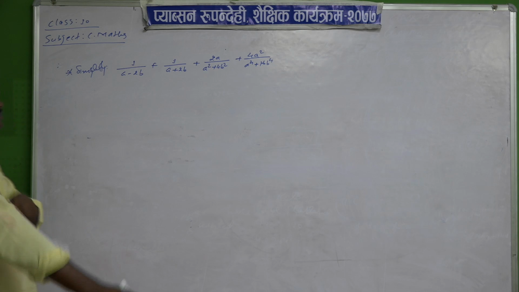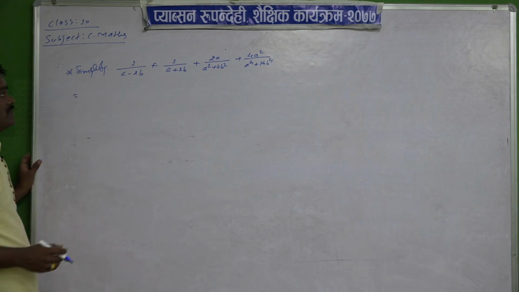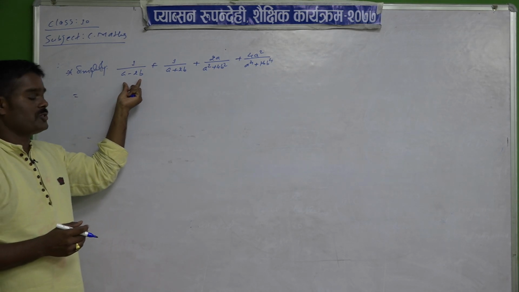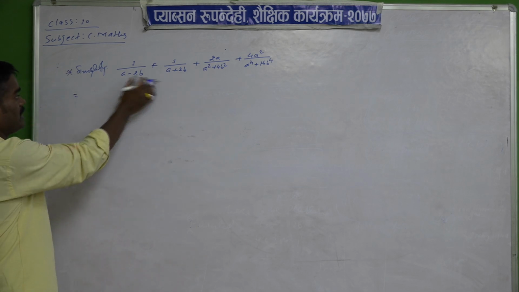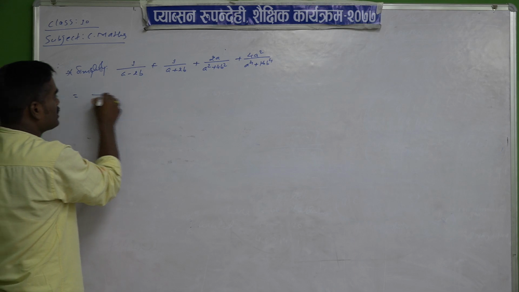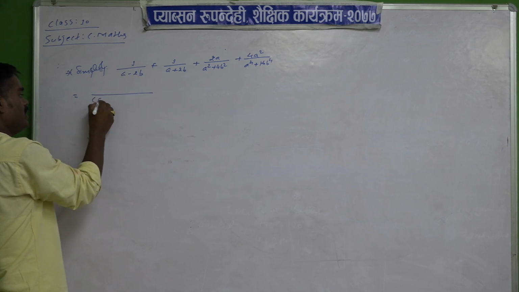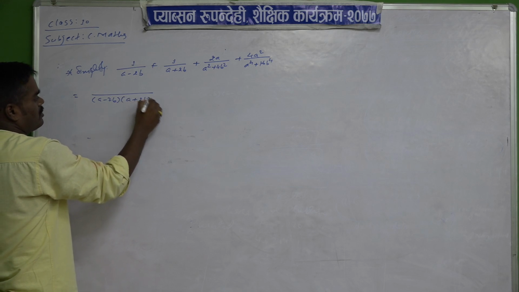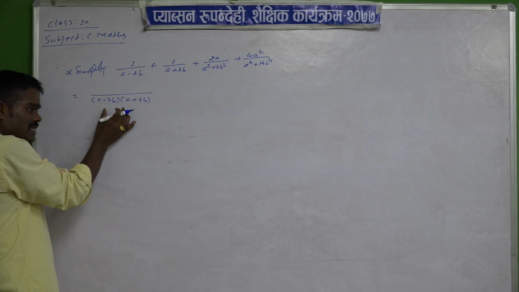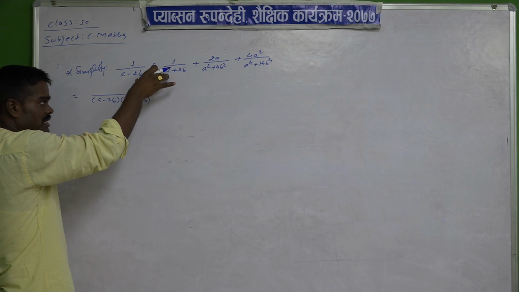So see here, you are watching the rational factor of a minus 2b is what? a plus 2b. So we have to take the LCM of rational factors. So (a minus 2b)(a plus 2b). So this is the LCM of these two denominators.